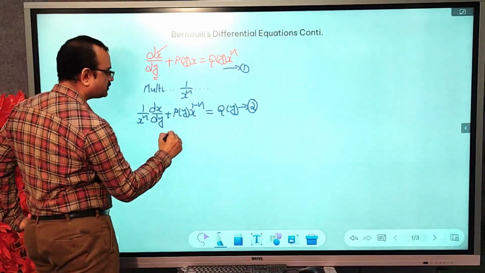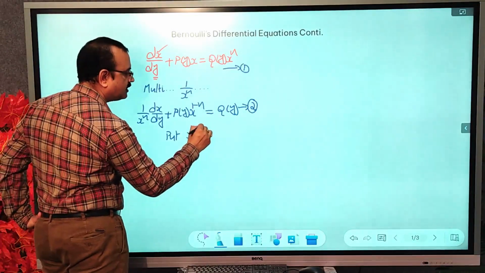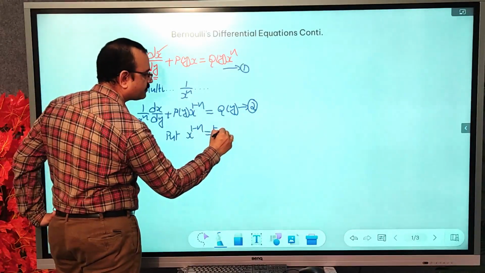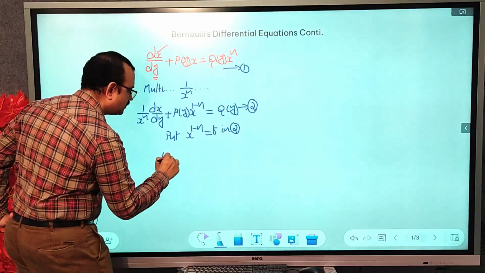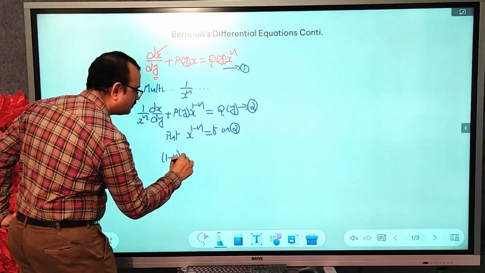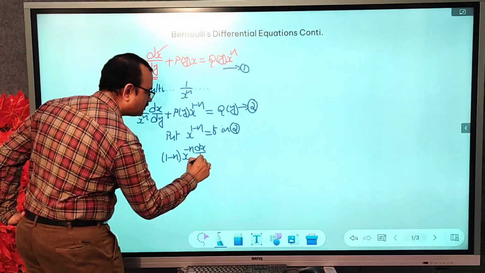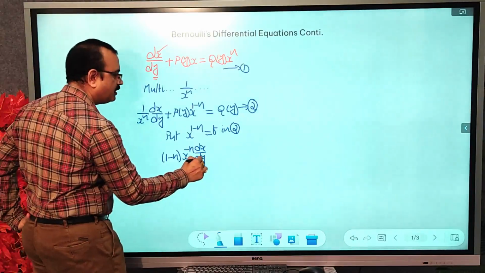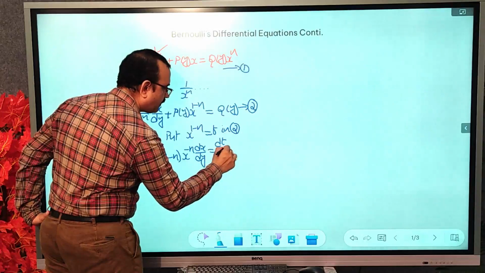Now here you replace x power 1 minus n with some t. If you find the derivative of this, then we will get 1 minus n into x power minus n into dx by dy, because here the independent variable is y, is equal to dt by dy.